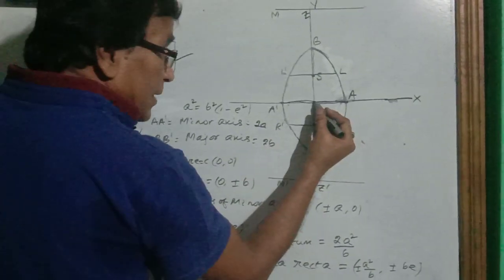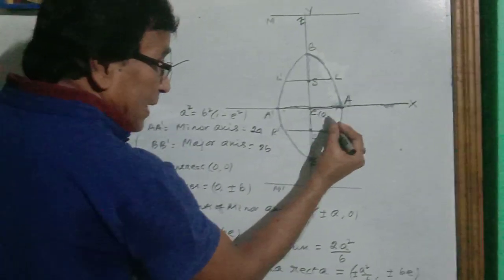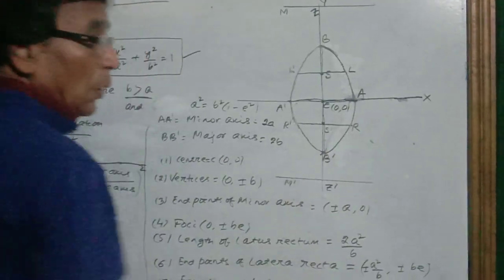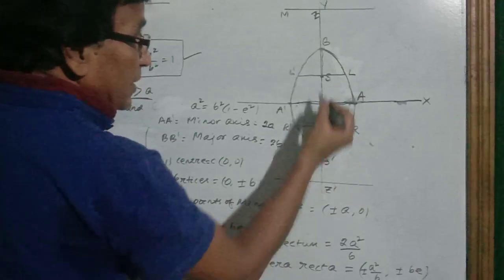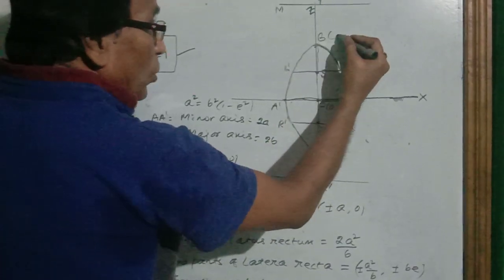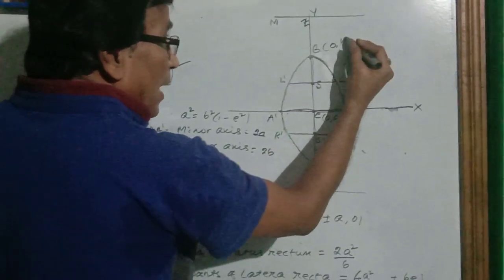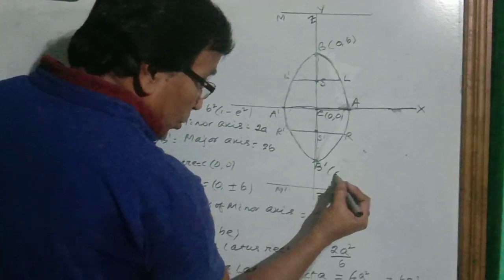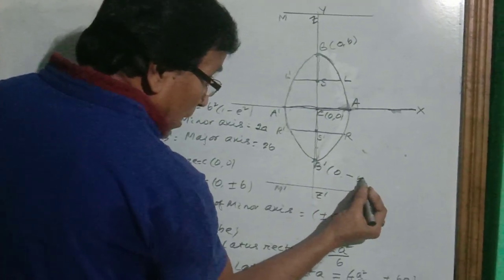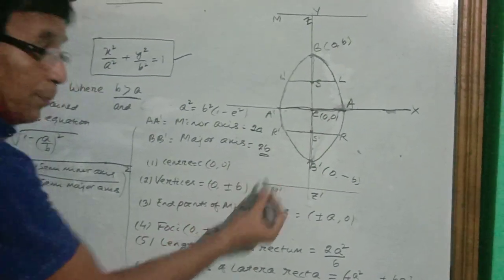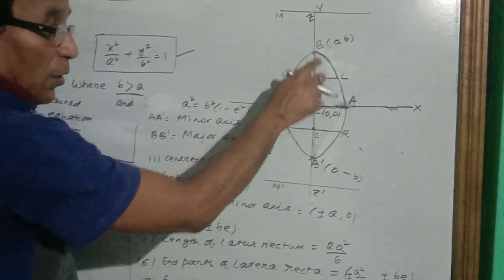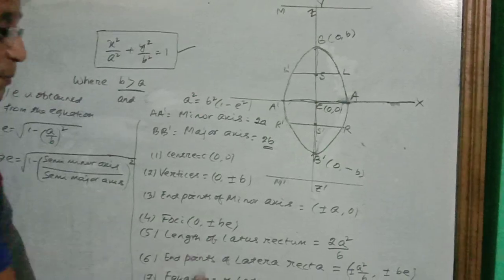So here similarly C is the center, that is 0, 0. What are the coordinates of the vertices? One vertex is 0, b and another vertex is 0, minus b, because here the length of the major axis is 2b. So one endpoint is 0, b, another endpoint is 0, minus b.